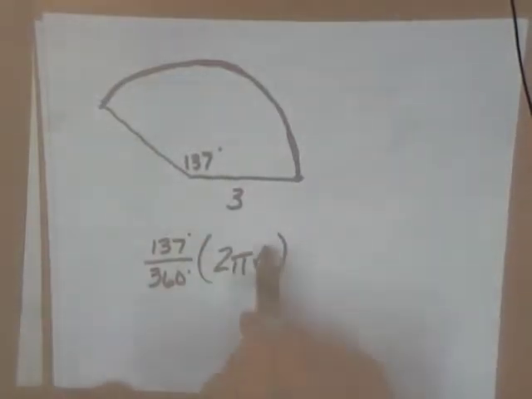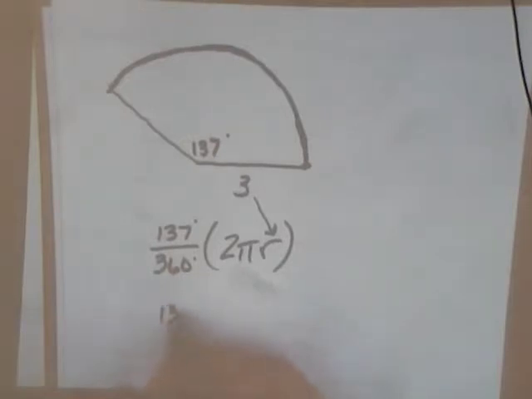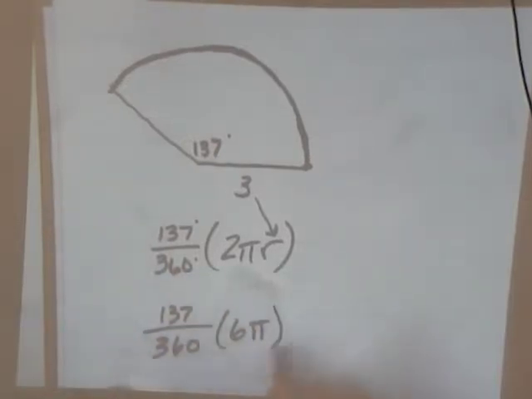So this will give me the whole thing, this will give me the fraction part that I want. And r is 3. So that's 6, we plug that in there, 137 over 360 times 6 pi. It's going to give me about 7.17 feet.